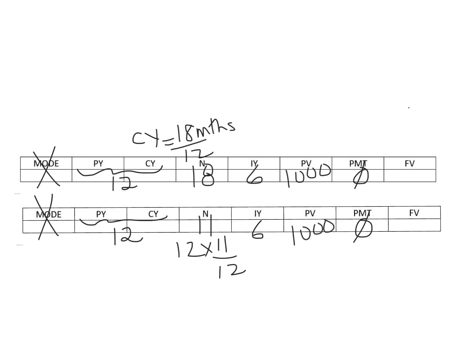We're going to compute the future value of each of those $1,000 payments, and then we're going to add them together to make that one single amount paid. When we do that calculation, we find out that for the 18-month calculation, the value of that $1,000 will be $1,093.93.